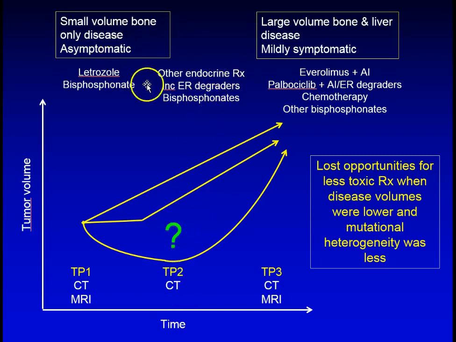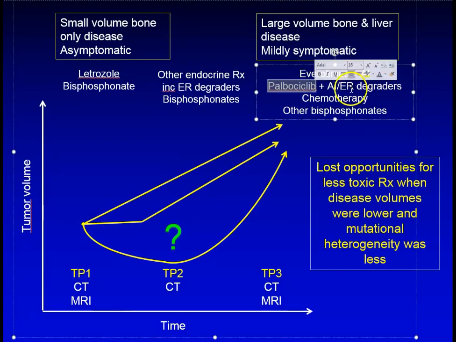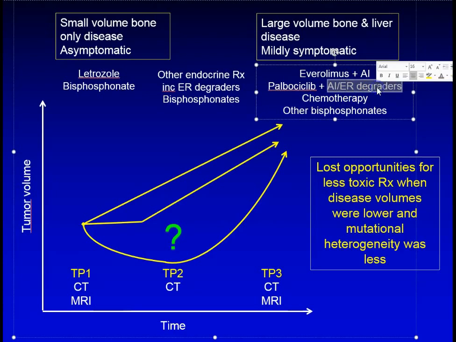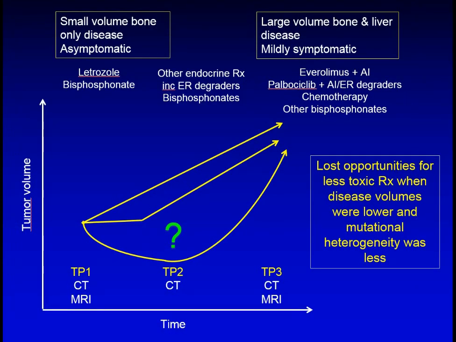In fact, we lost the opportunity to use less toxic treatments when disease volumes were lower and the mutational heterogeneity was much less. For this patient, this is a disaster. In fact, the patient went on to be treated with palbociclib and an ER degrader, which was Faslodex, and we'll follow her up later to see how she is getting on.